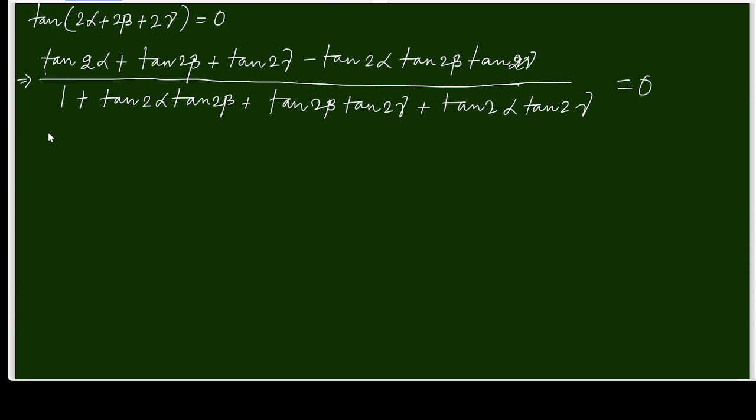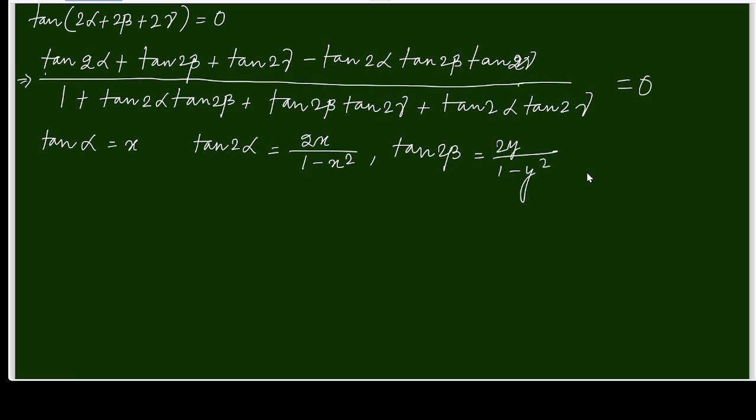Now it is given that tan alpha equals x. So tan twice alpha will be 2x over 1 minus x square. Applying the same, tan 2 beta equals 2y over 1 minus y square, and tan 2 gamma equals 2z over 1 minus z square.